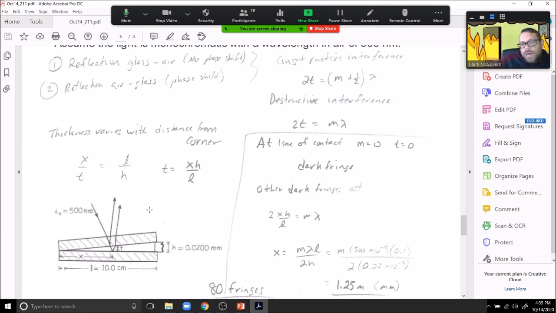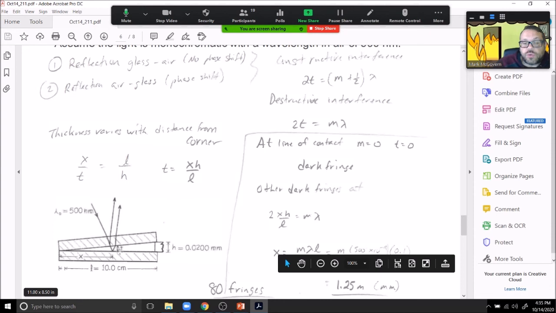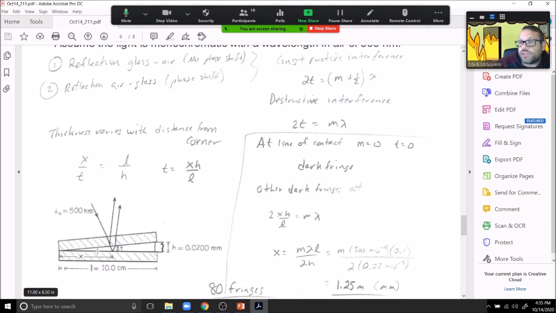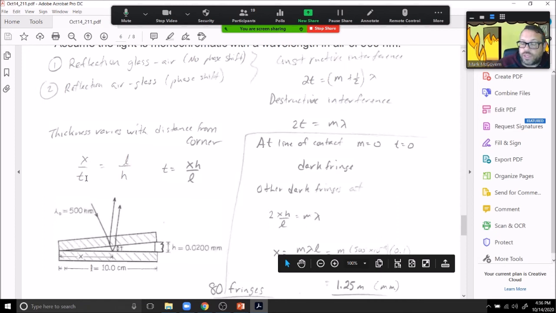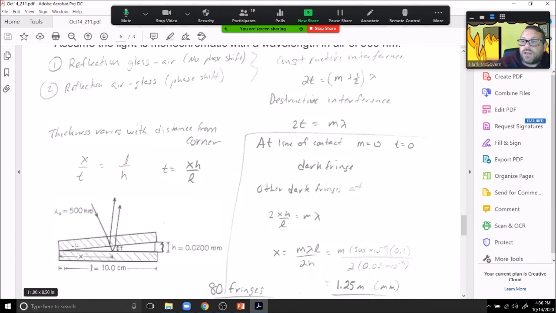So the tricky thing about this is figuring out a function for t. It's not a single thickness. It's a variable thickness, so we have to figure out some kind of function for that. So we're going to establish a proportion based on similar triangles. In the first proportion, I'm doing a ratio of horizontal distance to vertical distance, x over t, and I compare that to the full extent of the wedge, L over h.